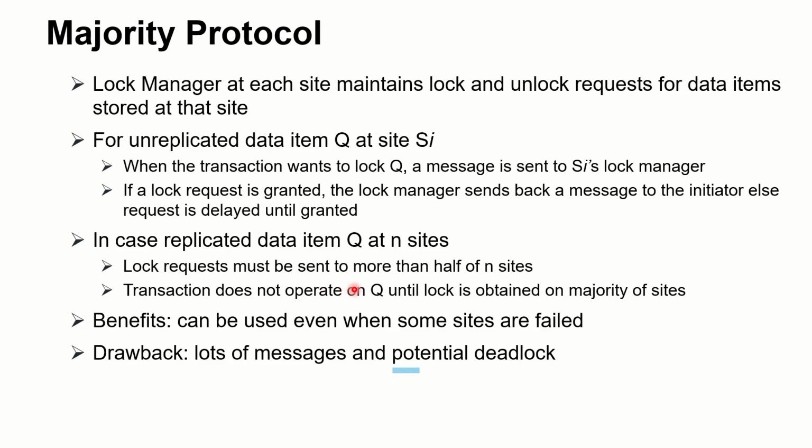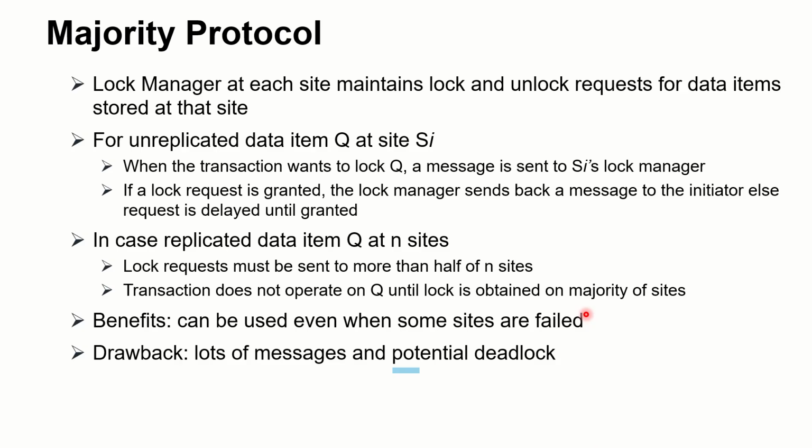Let's say there are three transactions in our system, and all three transactions have one third of the locks on some data item. Then of course they are in a deadlock situation, because each transaction has one third of the locks of that data item queue.